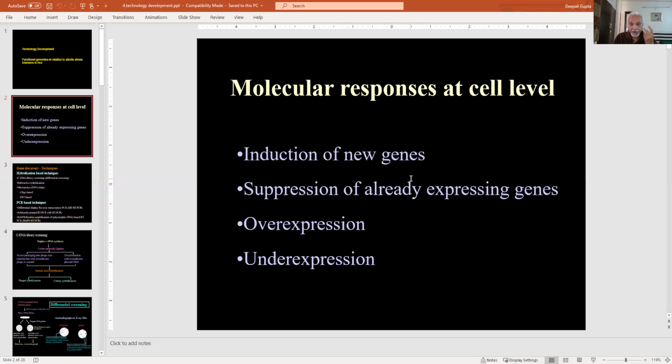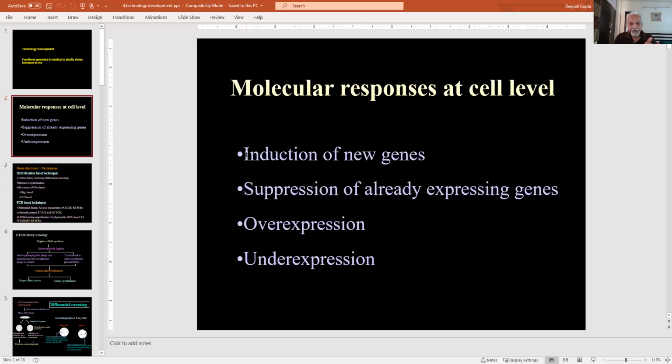So it also constitutes differential gene expression under different sets of conditions. The target is to pinpoint the gene or genes which are getting differentially expressed under a set of growth conditions, and then to characterize their functions using transgenic biology.